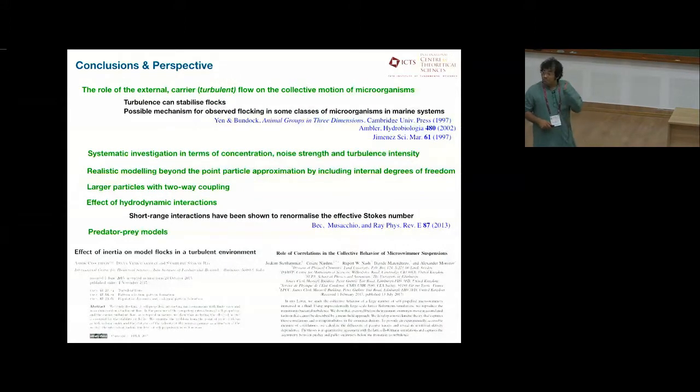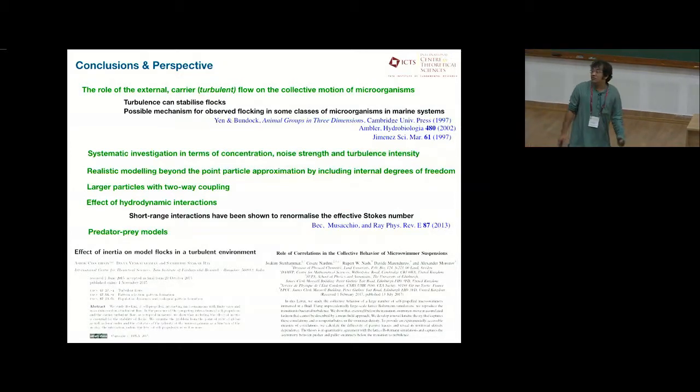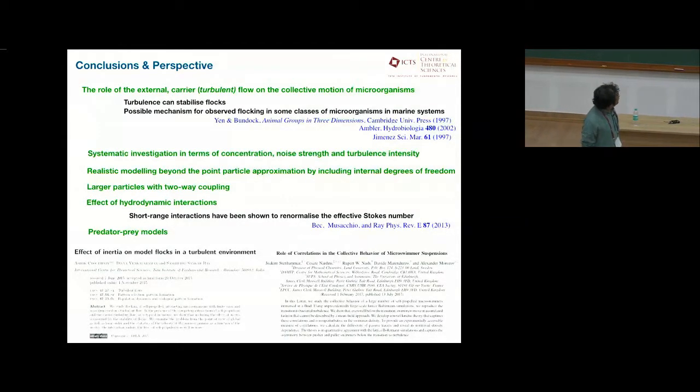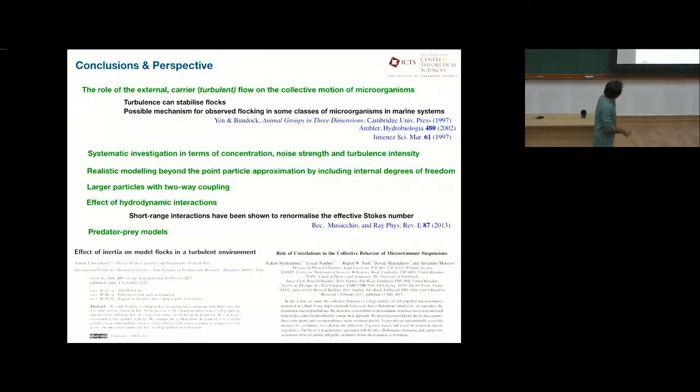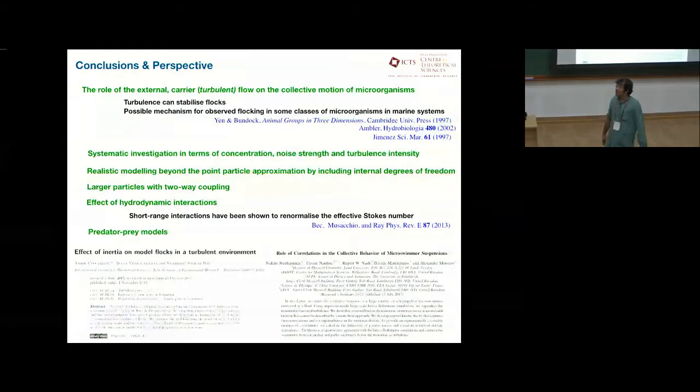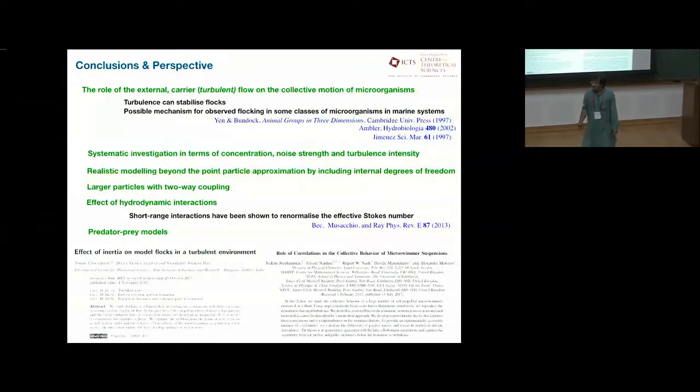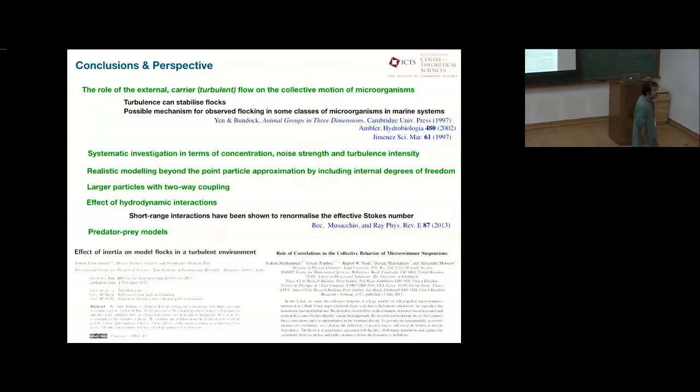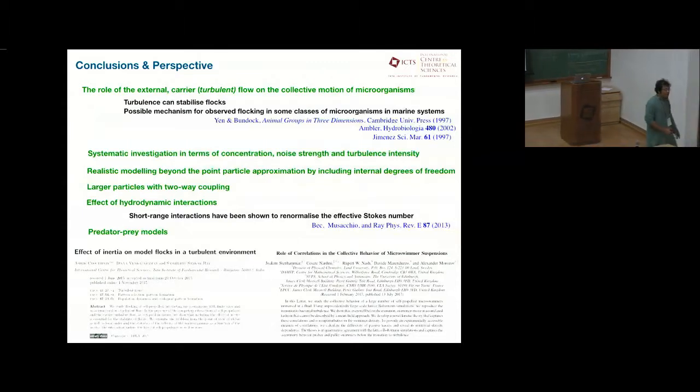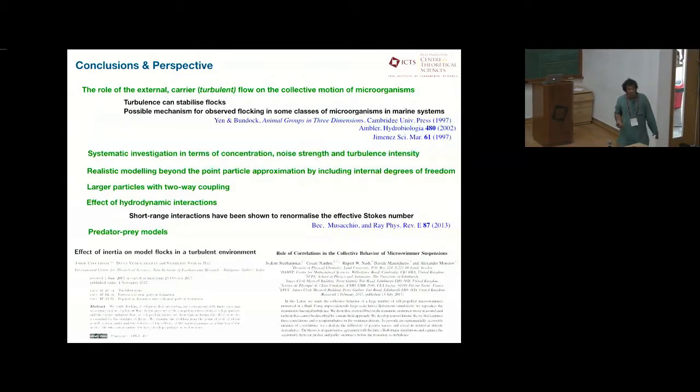What is missing, and I think this would be a crucial next step, is to understand what short-range hydrodynamic interactions between particles would do in this sort of model, and what happens when you have more realistic models of particles which have internal degrees of freedom. That's something one would like to look at going forward, and to see as you make your microorganisms more realistic.